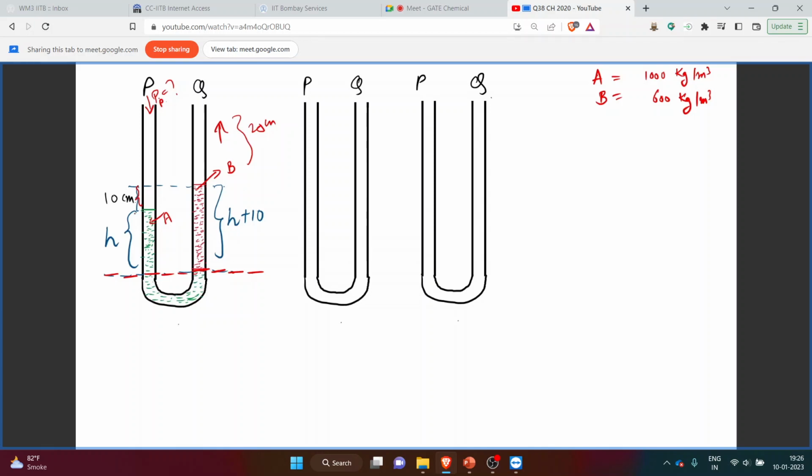From this reference, the height of this will be h, and for fluid B, the height will be h plus 10. So we can write this as Pp plus rho A G h is equal to Pq plus rho B G into h plus 10.